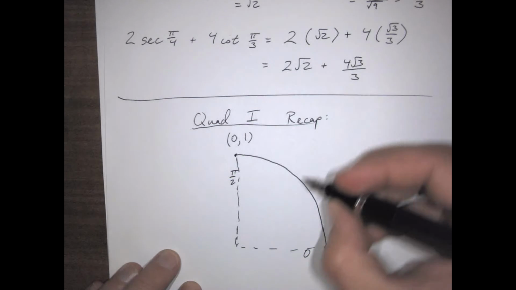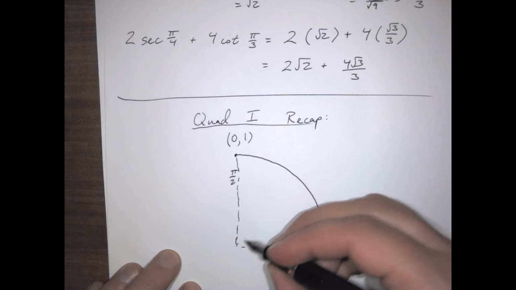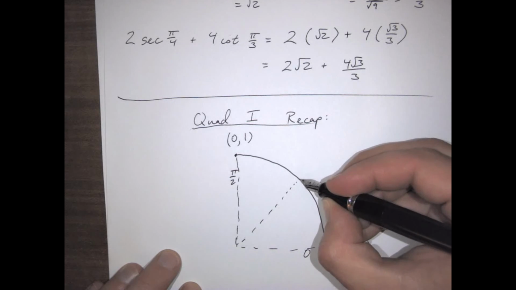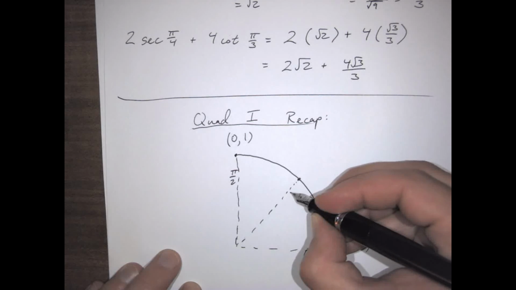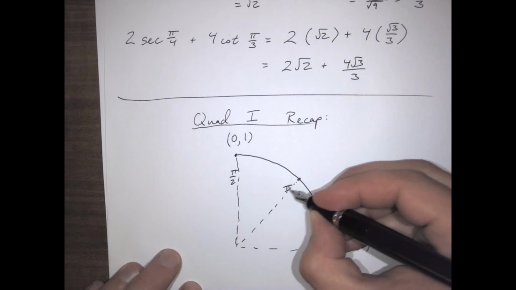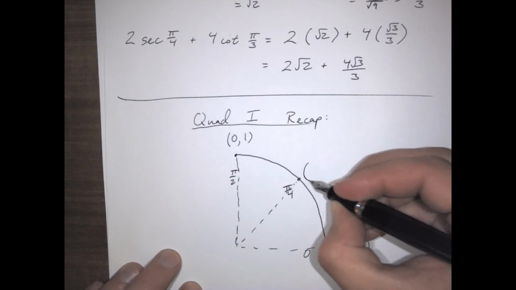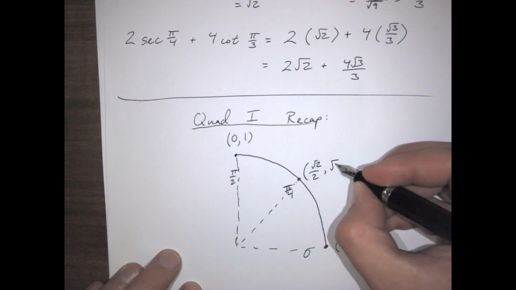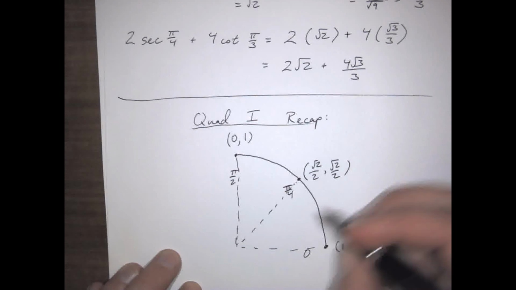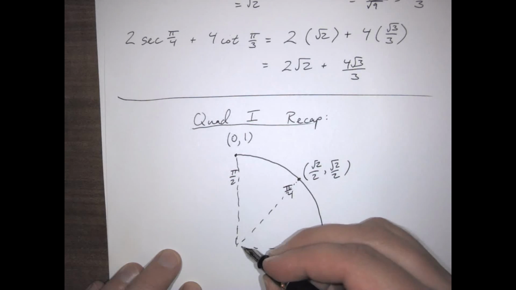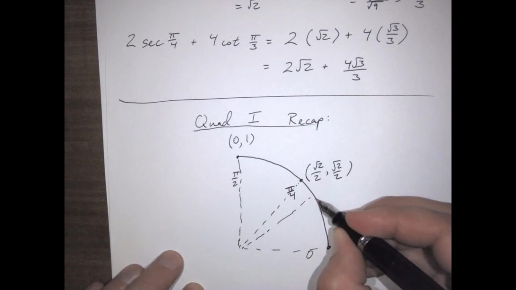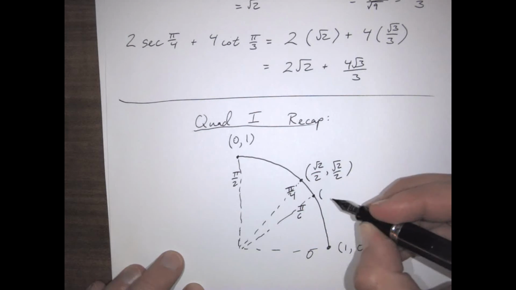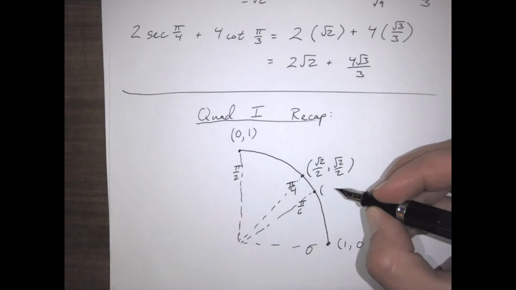That's not so hard either. Let's see, at the halfway mark, halfway down the circle, we get, so that's pi over 4, and that's root 2 over 2, and root 2 over 2. At the pi over 6, just think in terms of the x and the y.